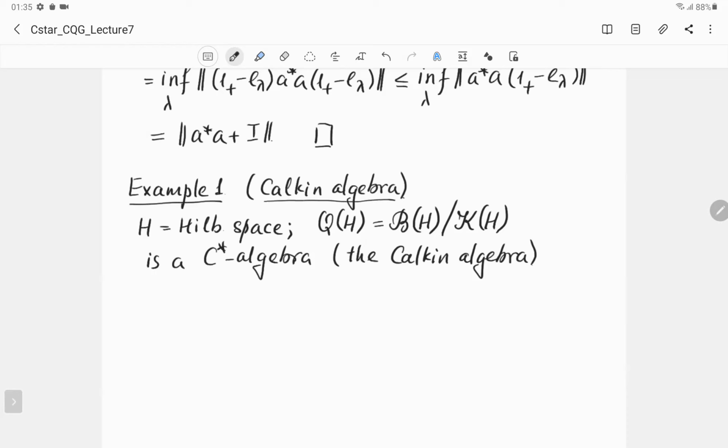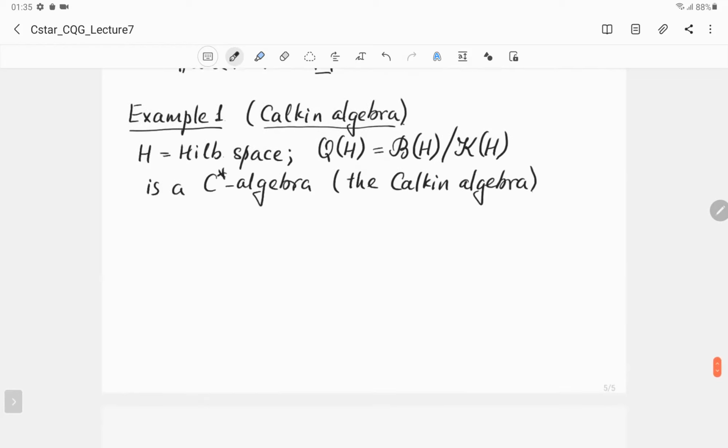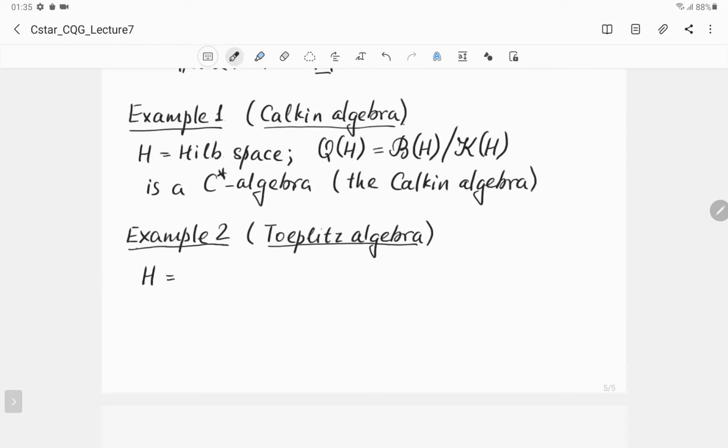Okay, and one more example, example 2, is the Toeplitz algebra. So suppose that H is an infinite dimensional separable Hilbert space.